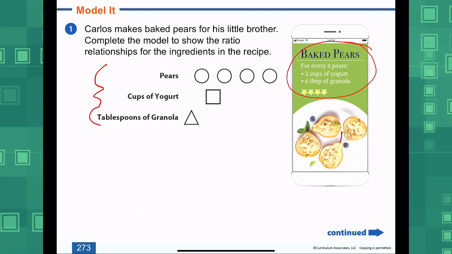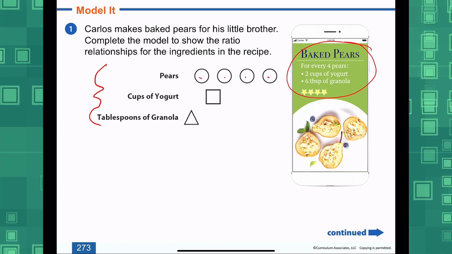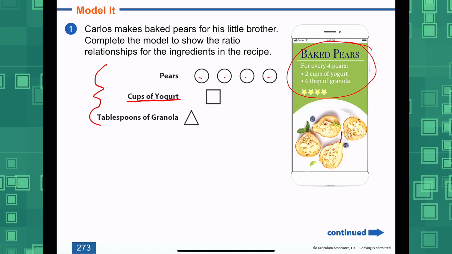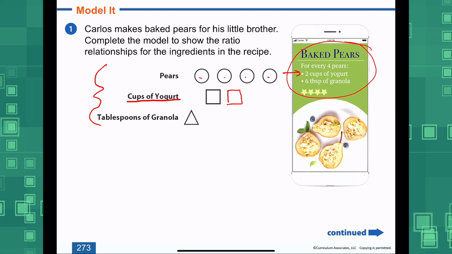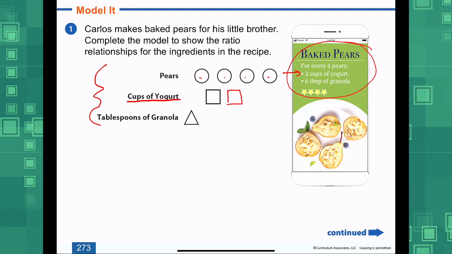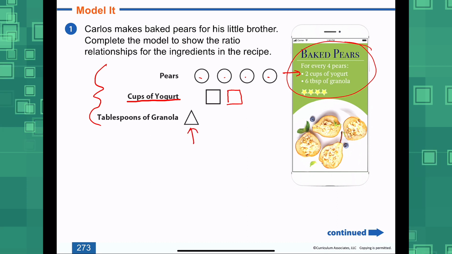As you can see, it already tells you that the pears are represented by these circles. So we have 4 pears, but it only has 1 square for yogurt. And so we need to represent that by doing 2 cups of yogurt. So we're just going to add to our model another cup of yogurt by adding a square. At this point, you could probably already see what we're going to be doing with these triangles.